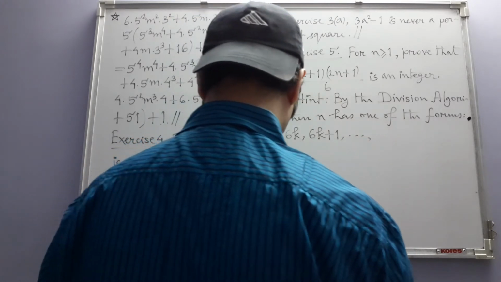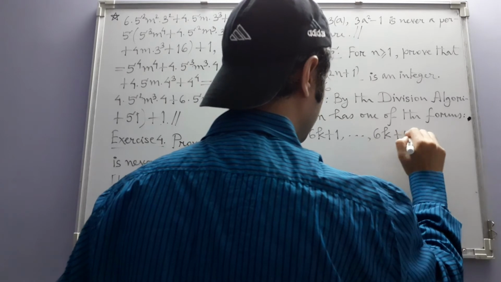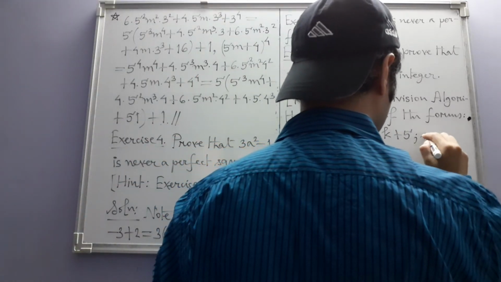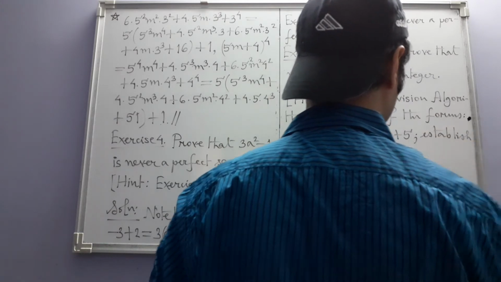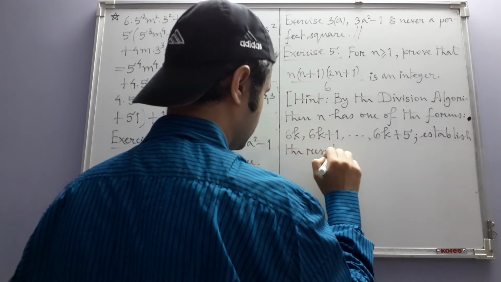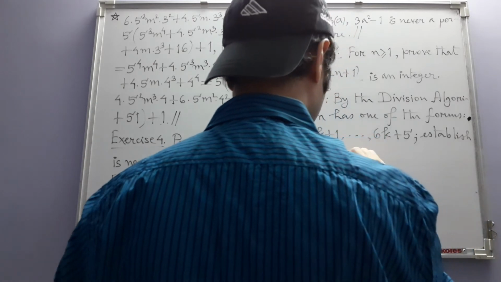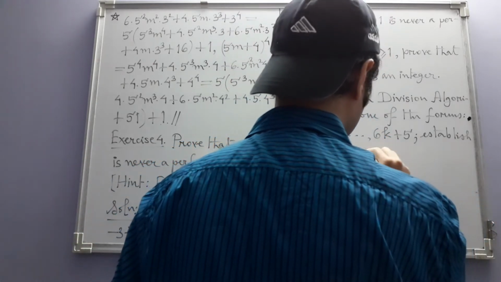We are not writing everything up to 6k plus 5. Establish the result in each of these 6 cases.